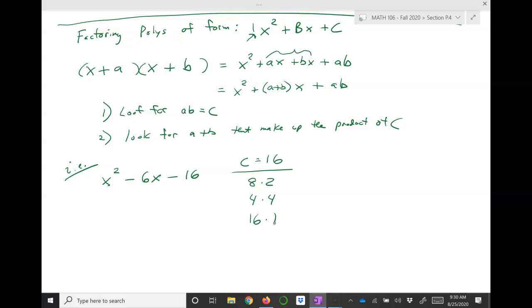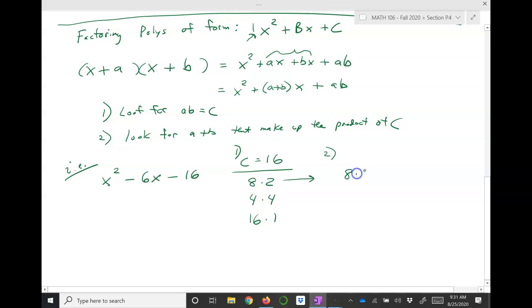All right, so that's your first step, right? So that's process 1: look for a times b's that are equivalent to your last term, your coefficient c. And then out of those three possibilities, which ones can give you 6 when you add or subtract them? Yeah, the 4 and 4 won't do it. 16 and 1 won't do it. So 8 and 2 is going to be, and this is process 2, look for a and b that make up the product.